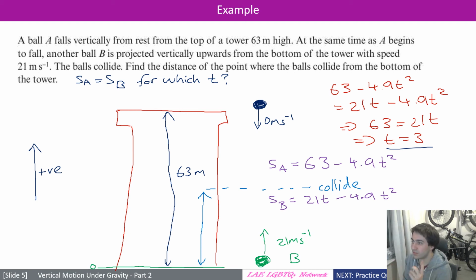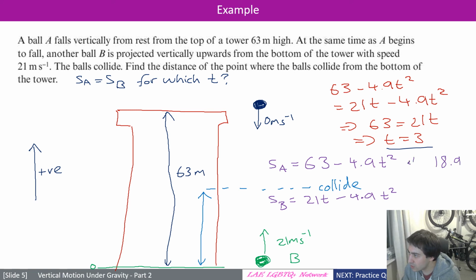So now, to finally answer the question, what's the distance of the point where the balls collide from the bottom of the tower? We now need to find the corresponding s. So all we do is put t equals 3 into either one of these equations and we'll have the answer. And it doesn't matter which one we put it into because the answer should be the same, because at the point they collide, they'll be in the same place. So for instance, if I do 63, I'll do it on the calculator, minus 4.9 times 3 squared, I got 18.9.